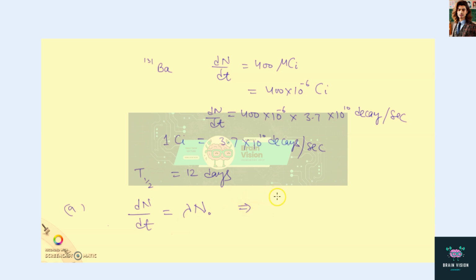So the initial number of atoms N naught will be given as 1 by lambda into dN/dt.